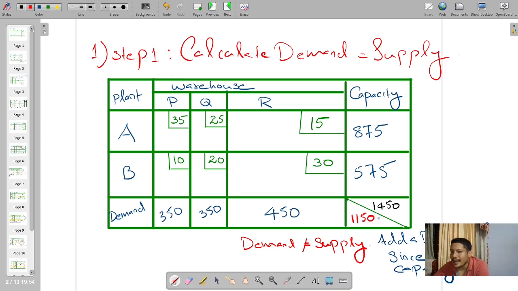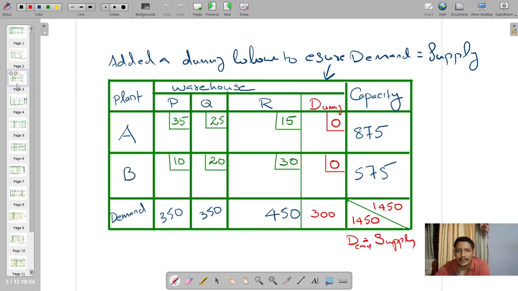By adding a dummy demand of 300, demand will equal supply. So add a dummy column to ensure demand equals supply.